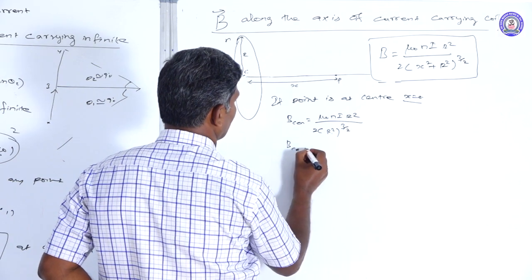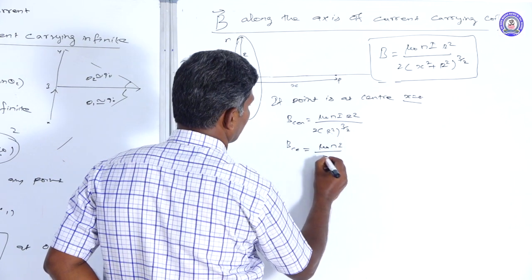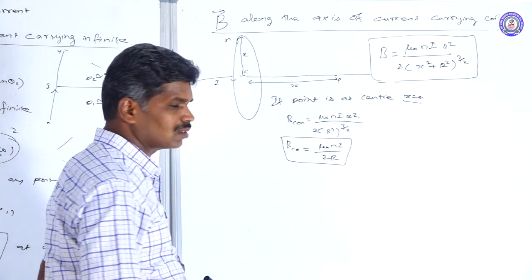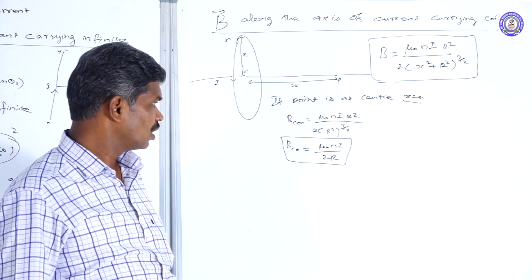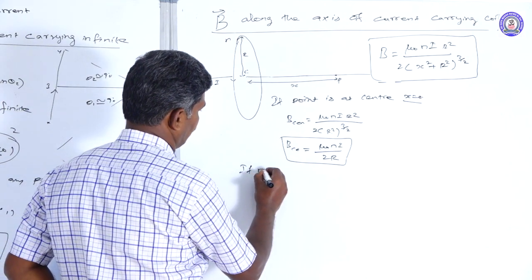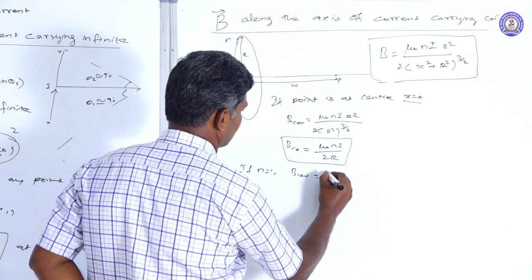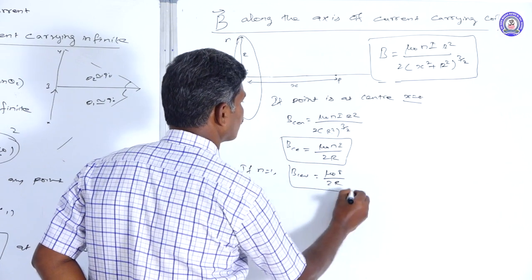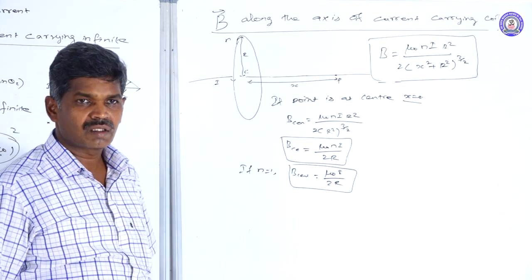From that we derive mu naught N I by 2r. If the coil has n turns, it is mu naught N I by 2r. If the number of turns n is equal to 1, the field at the center is mu naught I by 2r.